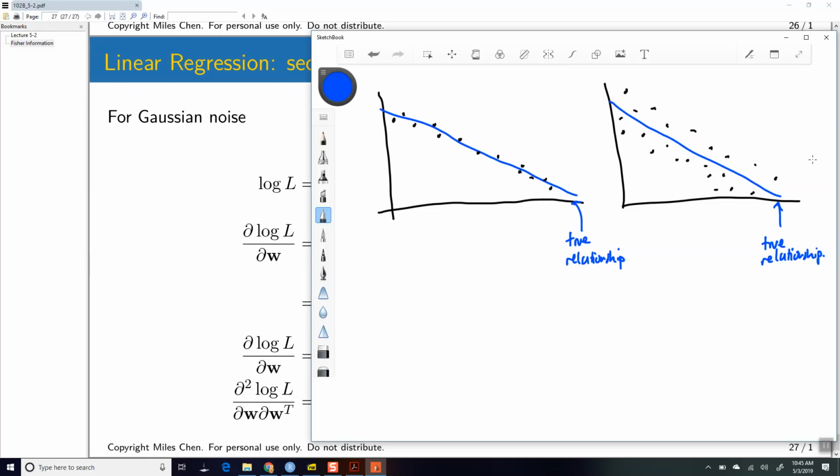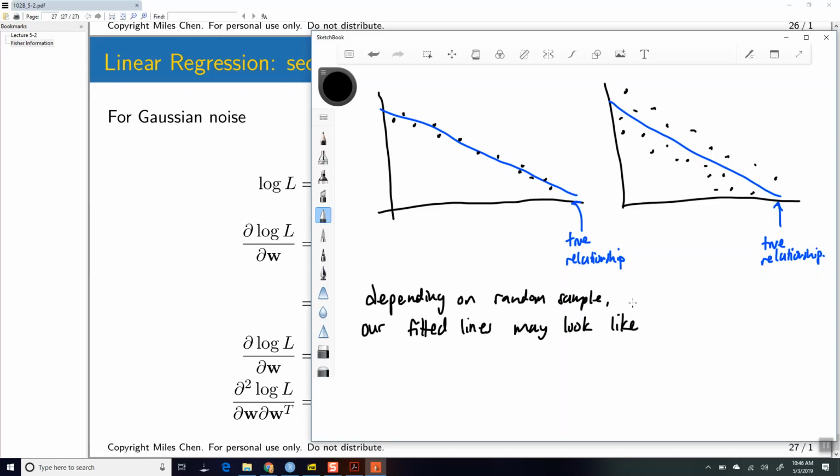Depending on our random sample, our fitted values might look something like this.